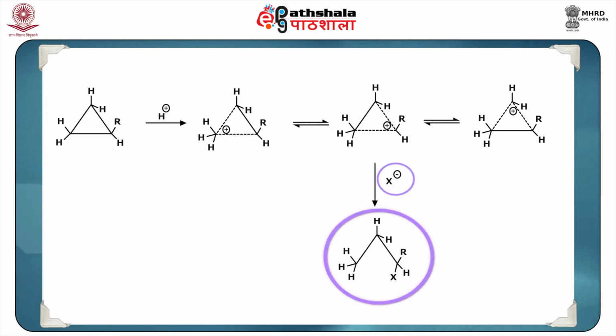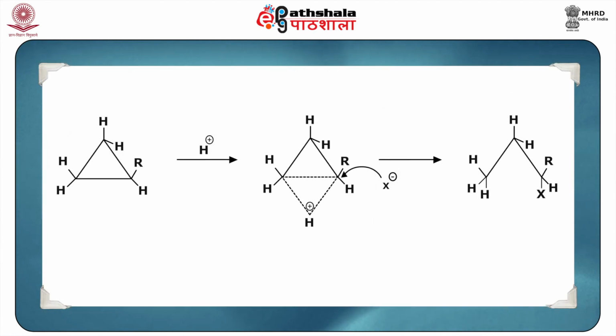This cation is subsequently trapped by reaction with the nucleophile, as you can see in this mechanism. You are starting with cyclopropane, where this particular carbon has the alkyl substituent. When it is attacked by H plus, you get this possible carbocation or this, and out of these you can see that this is the most stable one, and X minus will attack that position where it is the most stable carbocation.